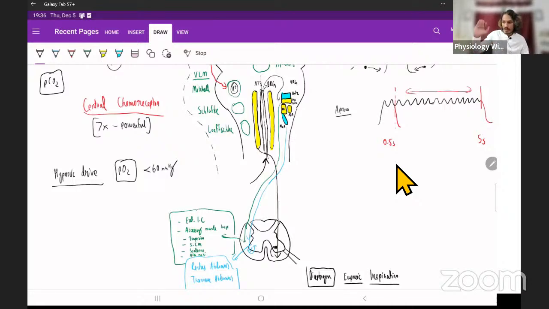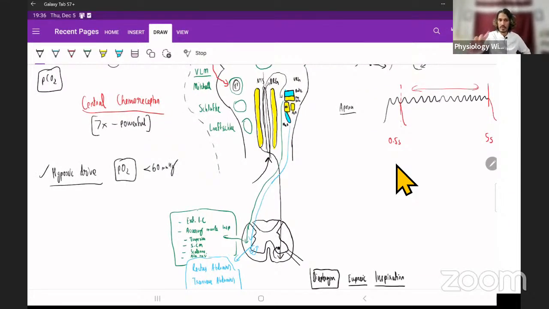Your PO2 level falling by itself will stimulate this. That is what's called hypoxic drive, because there was one question earlier. So regularly, the PCO2 is the major role when it comes to regulation of respiration, more powerful. But if hypoxia is there and PO2 is falling less than 60, then that can impart an inspiratory drive, overpowering your PCO2 values. That is your hypoxic drive.